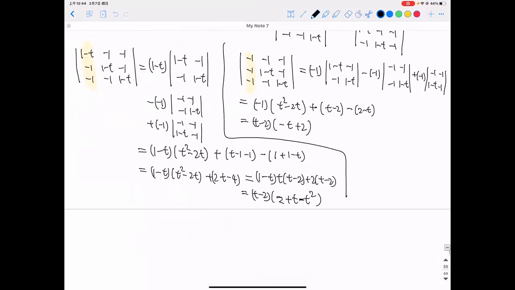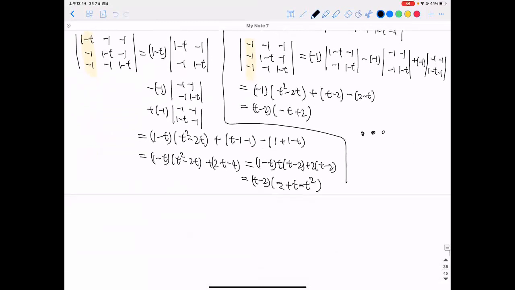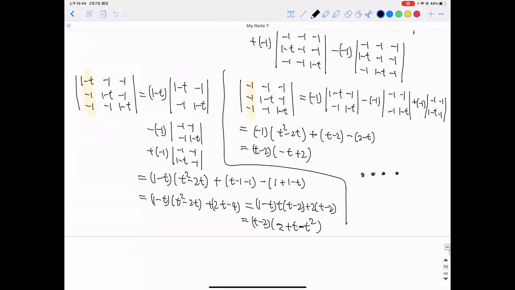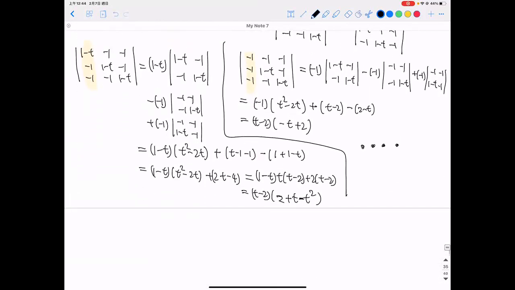Well, there are two other things to compute, but if you actually do all of them, you will get that the determinant of A minus tI is equal to, and this is because we've been factoring out t minus 2 in the process of the computation, you get that.